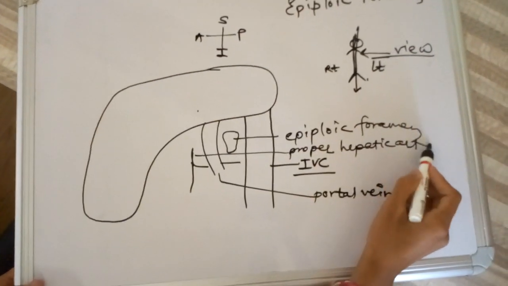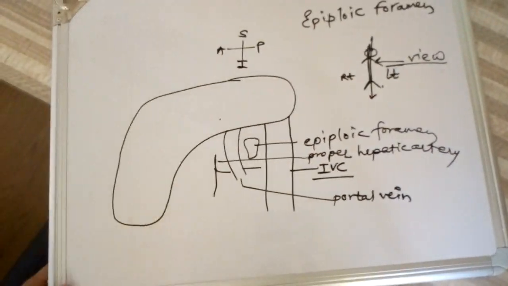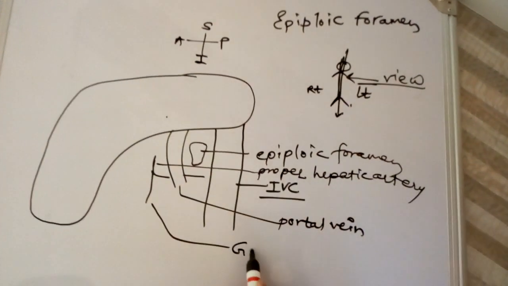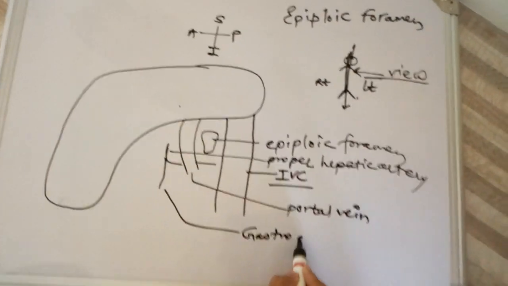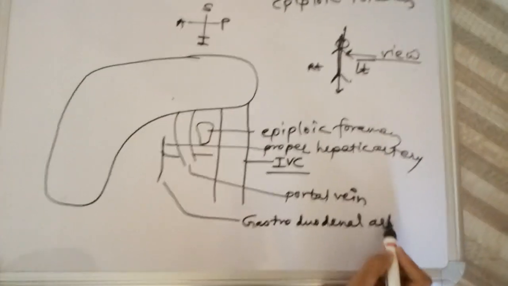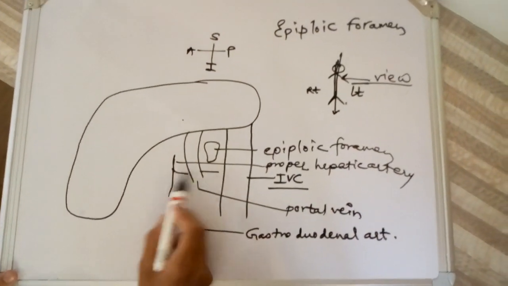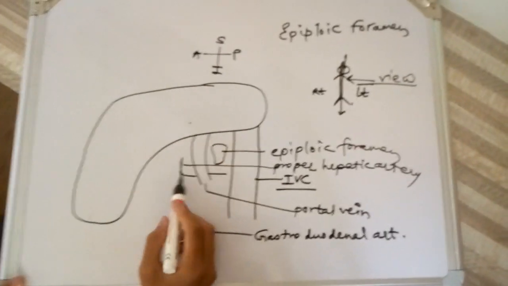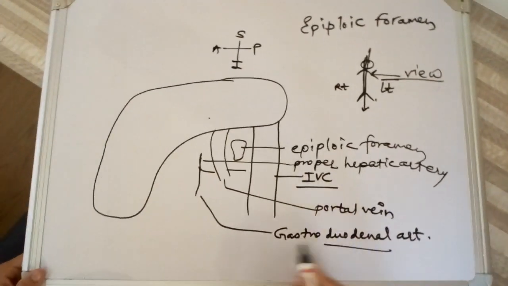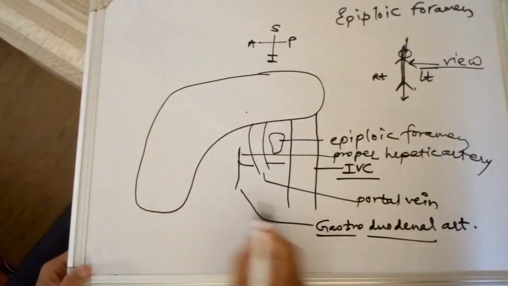The second, lower branch is the gastroduodenal artery. The common hepatic artery gives two branches. This one goes below the stomach along the duodenum and supplies the duodenum as well as the gastric part, that is the stomach part.